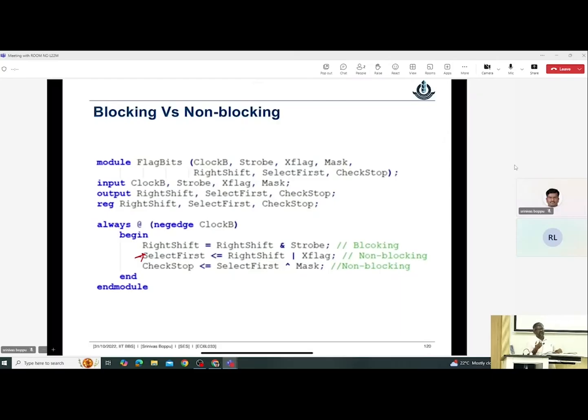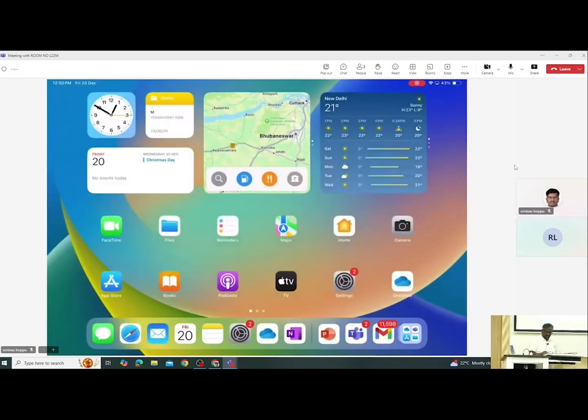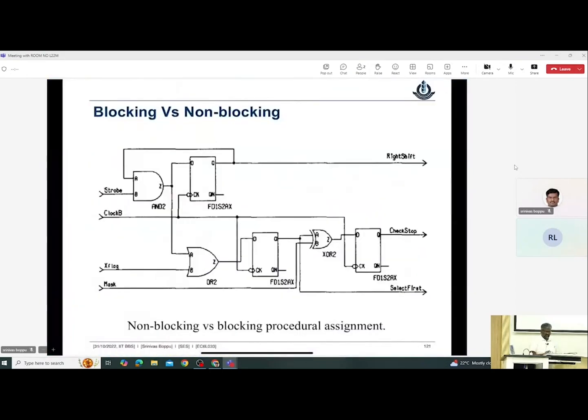You might be taking the output from the right shift flip flop, but you should really take the latest value of the right shift. That is what we are trying to show here. This is the latest value. For the select first we are not taking from this point, we are taking the updated value. This you might have made a mistake, that is what I am saying.